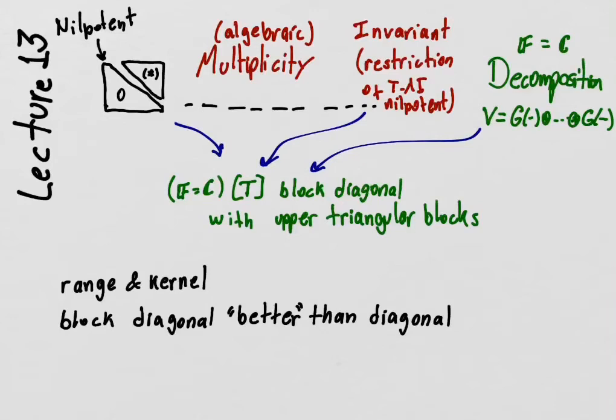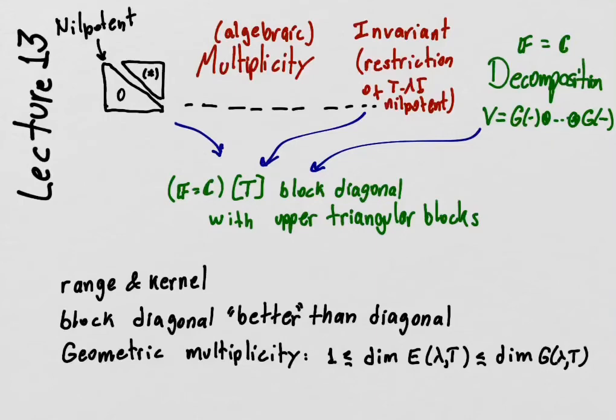So it's better in the sense that it's more general. But on the other hand, if you get pure diagonal, that means block diagonal with the blocks all being one by one, then I would say pure diagonal would be better if that is possible at all.